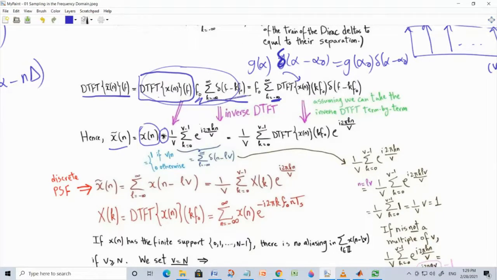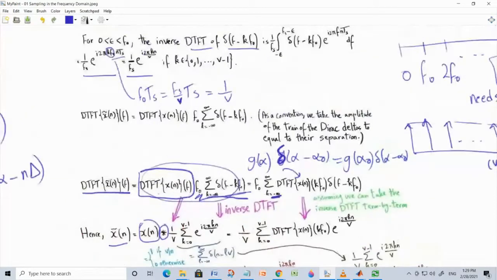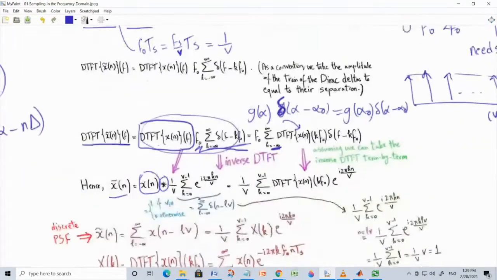And you do the inverse DTFT of those Dirac deltas, and it will give you those exponentials as explained here. And of course, there is an assumption, so basically this is an infinite sum. So you are doing the inverse DTFT term by term. Yes, I am doing so, assuming that what I am doing is valid, so we can interchange the order of inverse DTFT and infinite sum.